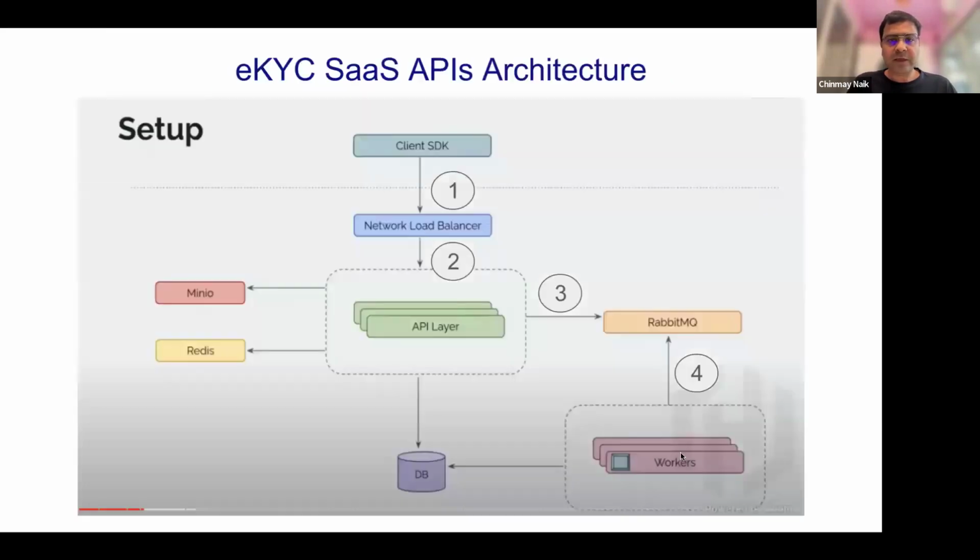So how did we architect it and what had we done? There was a client SDK which would talk to the NLB, and this is the API layer, the SaaS API layer for eKYC. For every request from the SDK, for example, an image upload or a face match or a face recognition request, the machine learning models would be running on these workers.